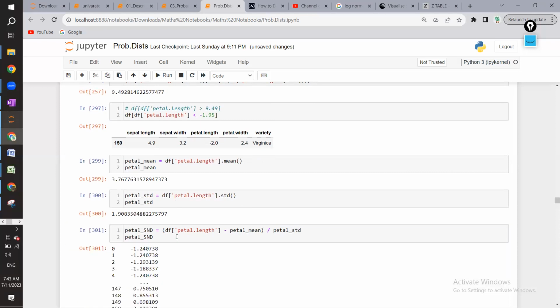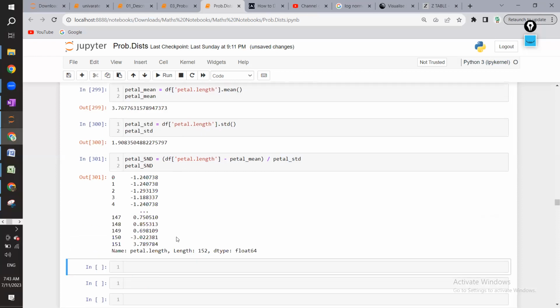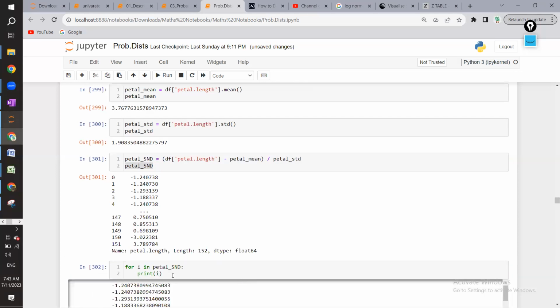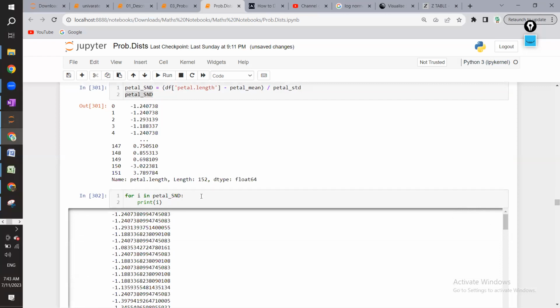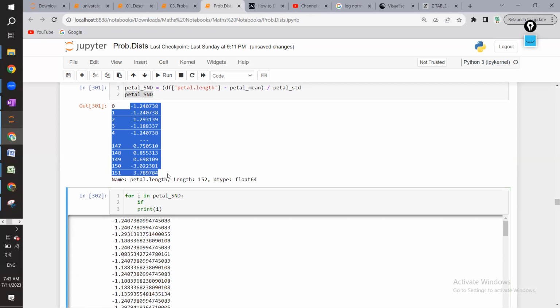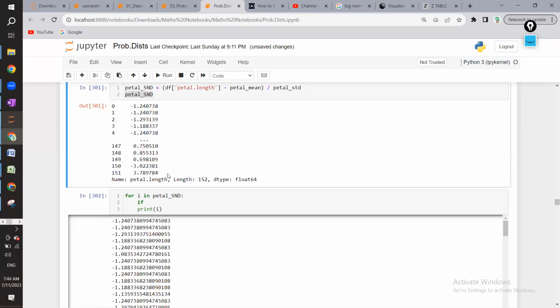I got these values. These are the actual values converted into standard normal distribution.